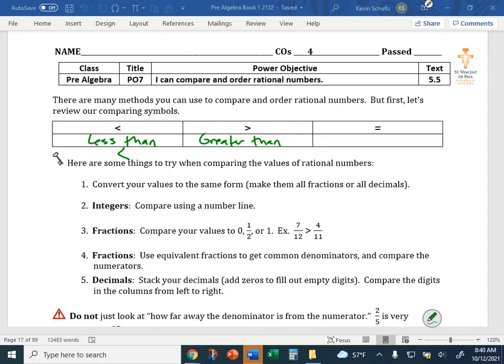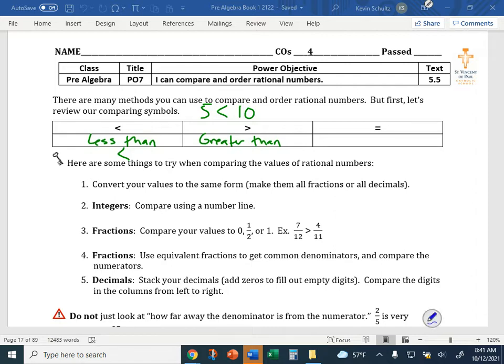But if I give you 5 and 10 and ask you to put the symbol in between those, you can say in your head 5 is less than 10, but how do you know that this is the less than symbol versus the other one? Okay, good. Cade? Even though I got it wrong, it kind of looks like an L. That's actually the one that made the most sense to me growing up too.